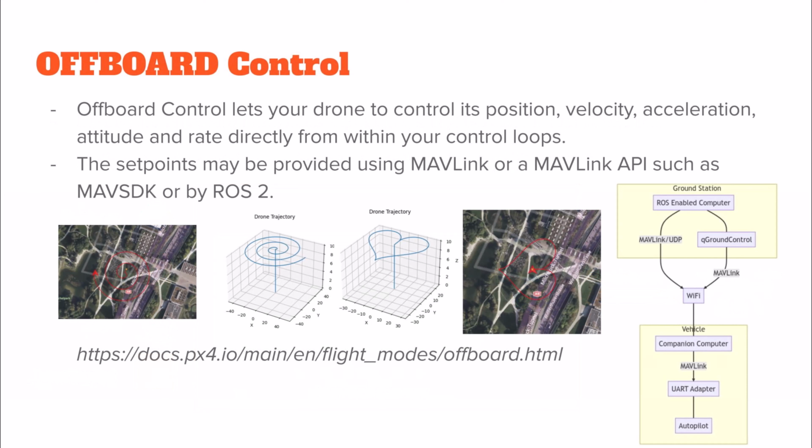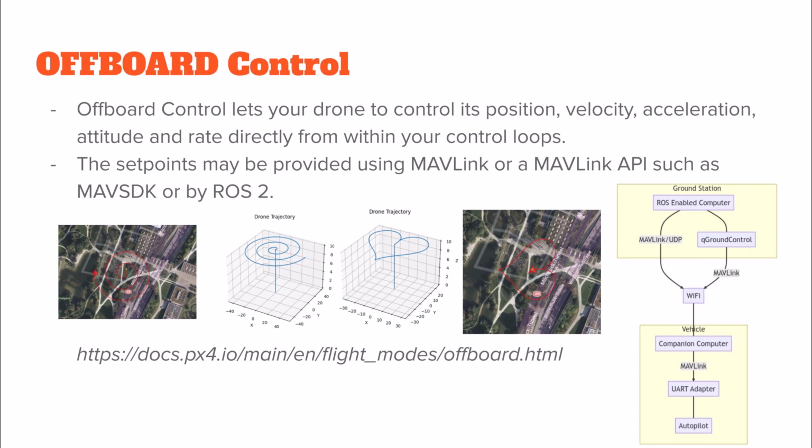Let's review some basic concepts that we might need in our tutorial. Offboard control is a relatively advanced concept that lets you control your drones from within your control loops. It lets you specifically control your attitude, rate, position, velocity, acceleration, and forces instead of just sending location commands, or using your radio controller.